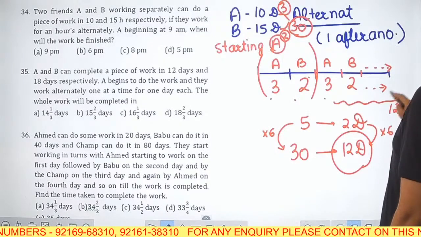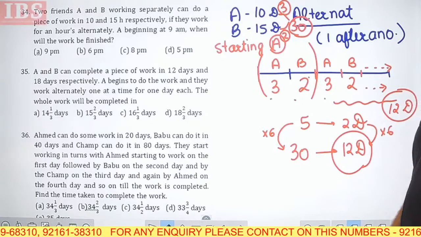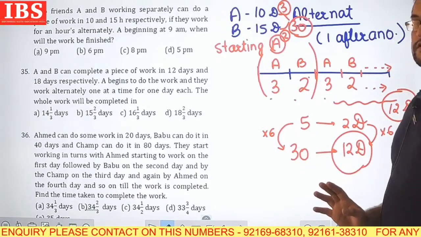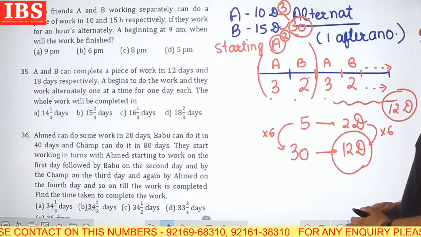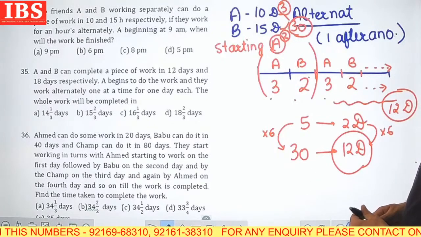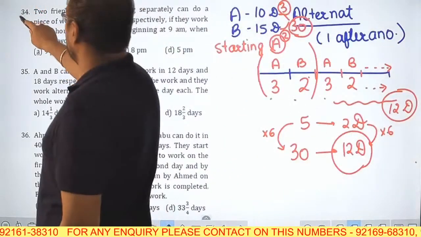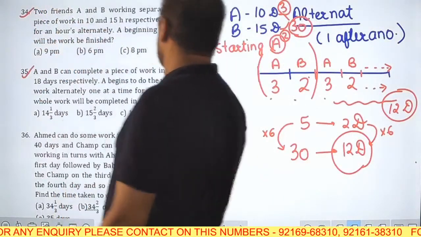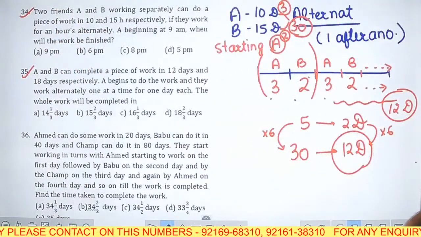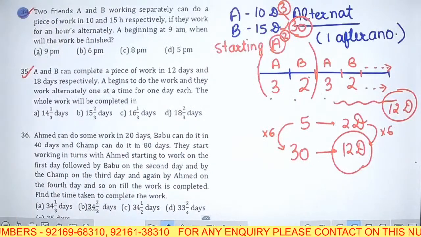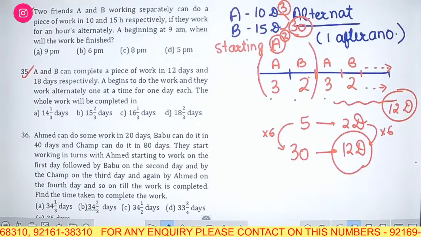Okay, this is the question. But sometimes this is not an exact multiple, so I'll tell you what we'll do in the next question. First do questions 34 and 35.